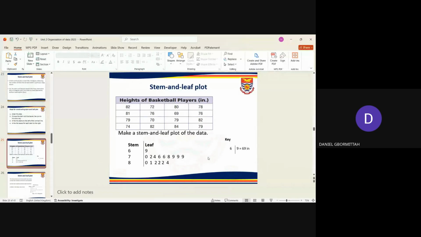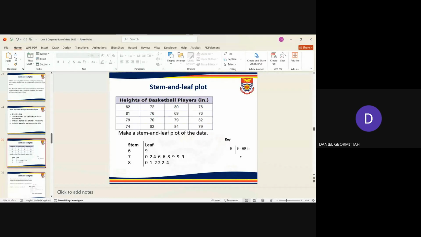So look at this one. We have the height of basketball players, and we want to make a stem and leaf plot for the data. We have drawn our vertical line. We have indicated where our stem will be and where our leaf will be.